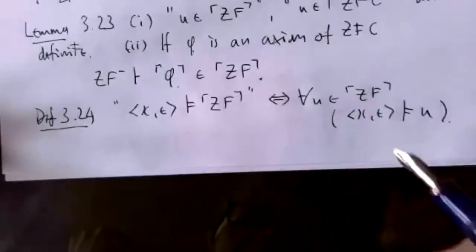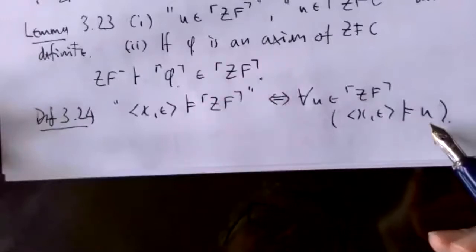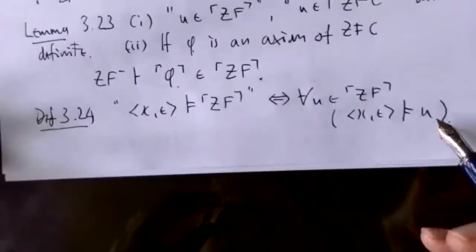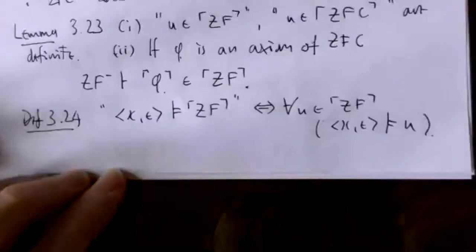The axioms of ZFC are sentences, right? So we don't have to assign objects to the free variables of the axioms. Right? We consider them as sentences.